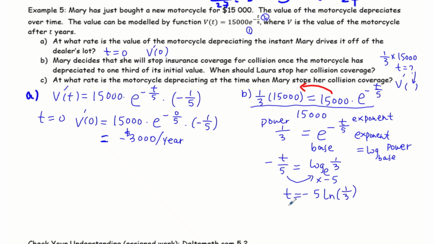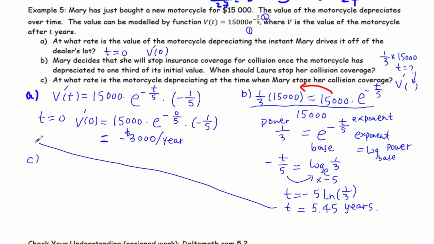Then get your calculator out and do the calculation. You get approximately 5.545, in number of years. And question C is just, for question C, we sub in t equals 5.45 to find v prime at 5.45.